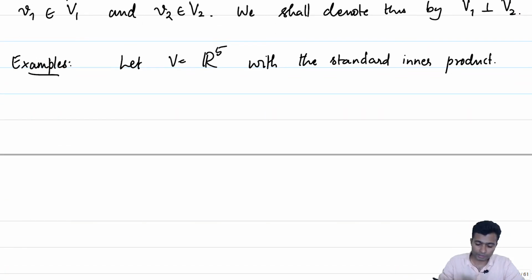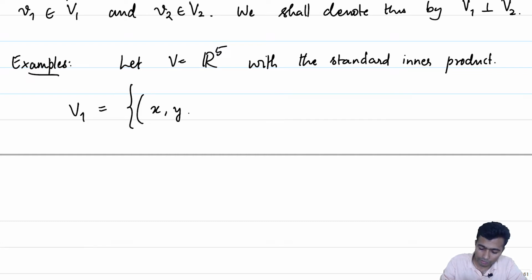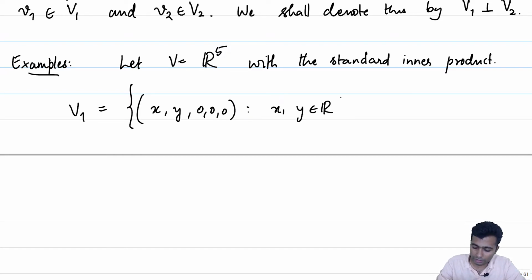Now, let us consider two vector subspaces here. Let V1 be the set of all (x, y, 0, 0, 0), where x, y are in R. So, this is a two dimensional subspace V1 which is generated by E1 and E2.